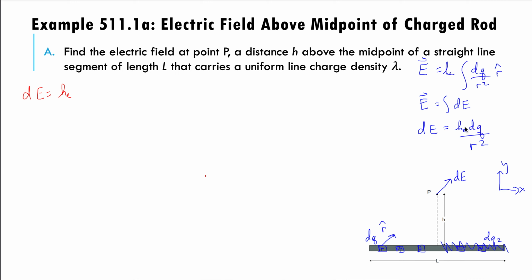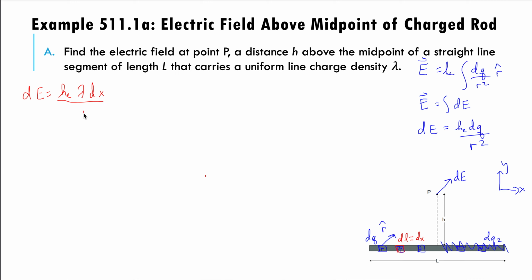At this point, we can rewrite dq as lambda dl, which is what we learned for charge distributed along a line, but instead of calling this charge element having a size dl, we can say that it has a size dx because we're going to be integrating along the x direction. So we're going to write lambda dx for dq.